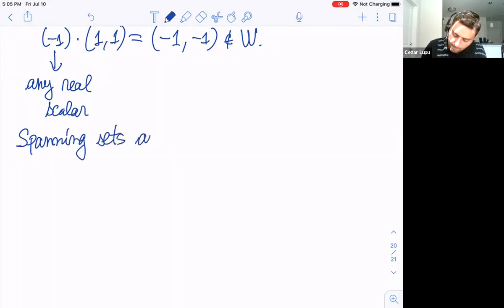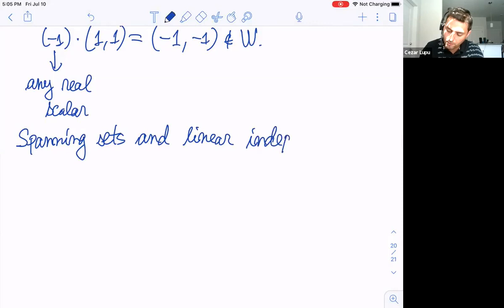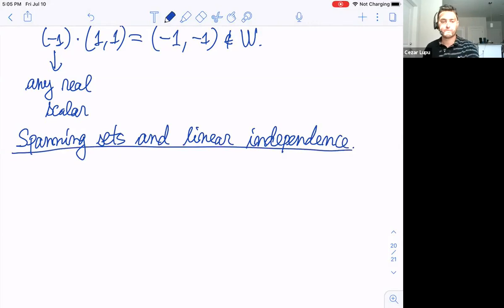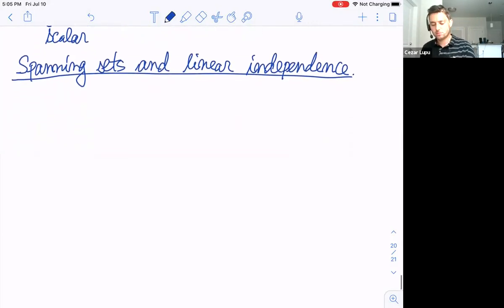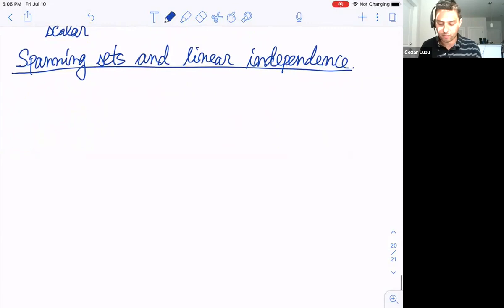and linear independence. We will see why this is important and what kind of role they play for vector spaces.